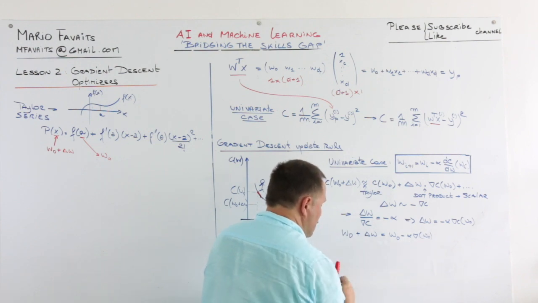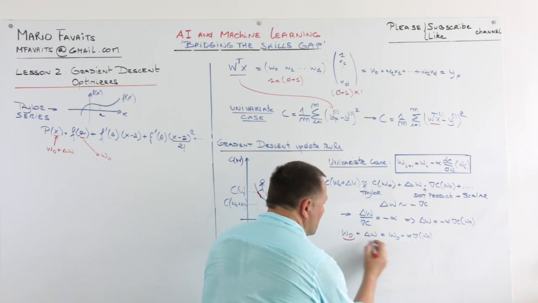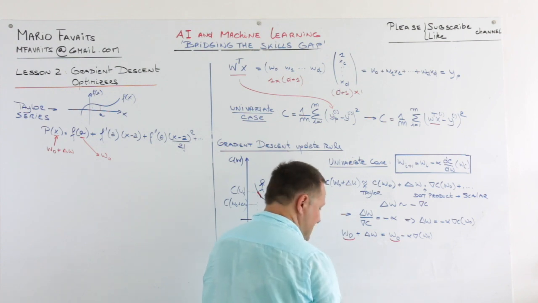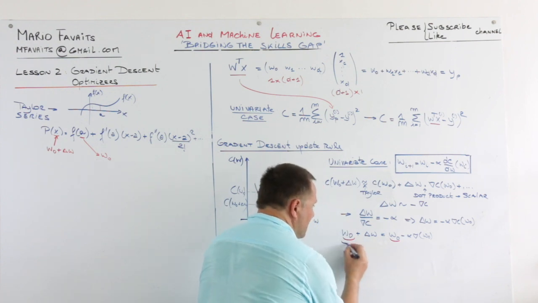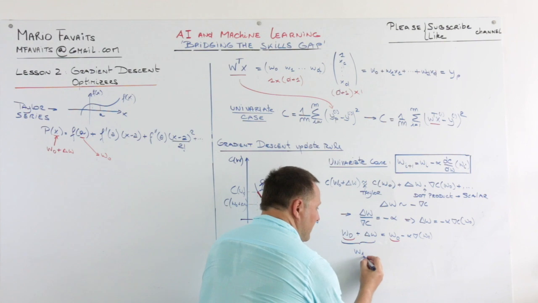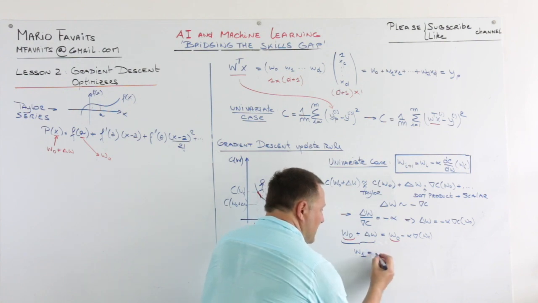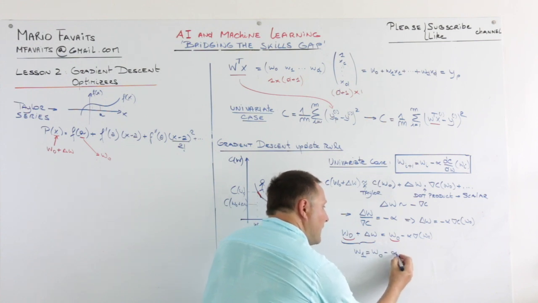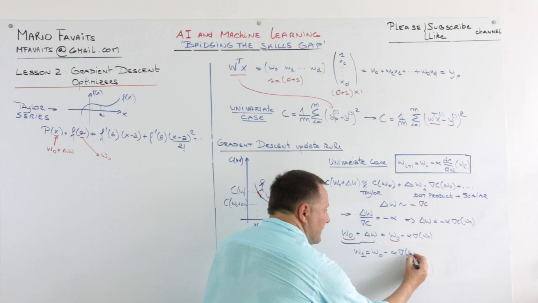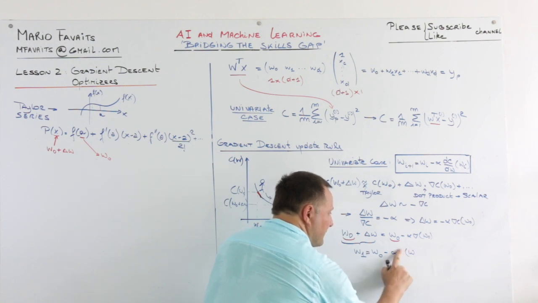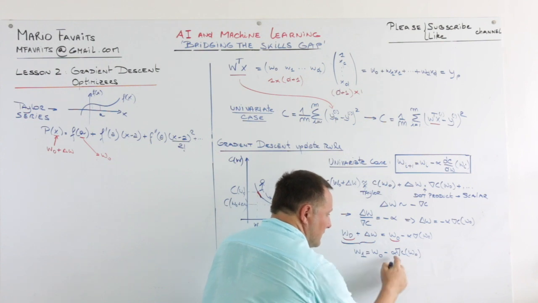The only thing we did was add W0 on both sides. Now this here is W1. So W1 equals W0 minus alpha, and then the gradient of C at W0.